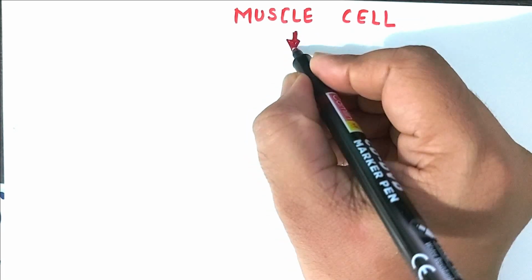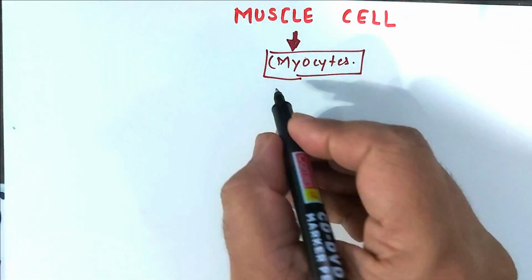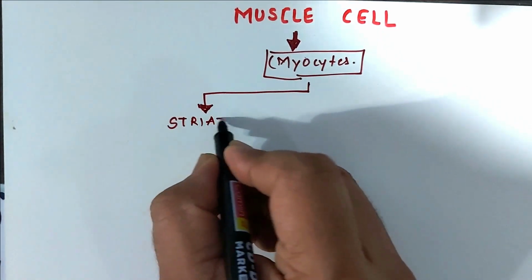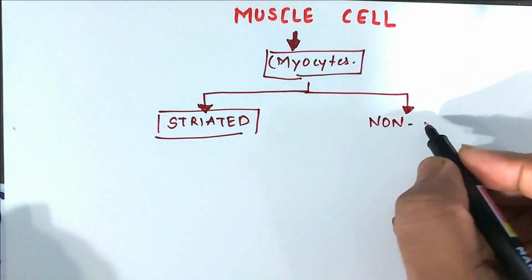The next cell which we are going to discuss is the muscle cell, also called the myocytes. These are divided based on their appearances into striated muscle cells and non-striated muscle cells.